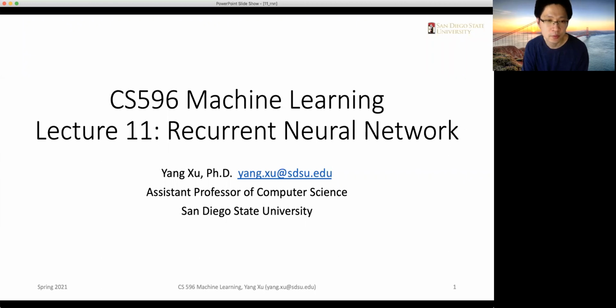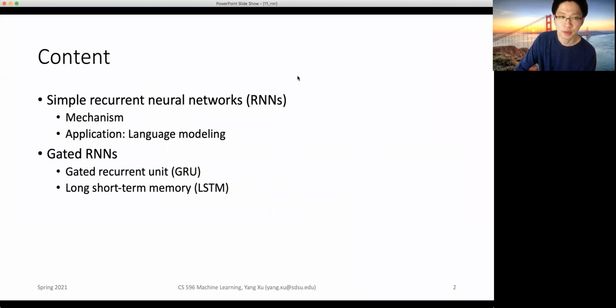Okay. So before that, we will start this new topic on recurrent neural networks. This new type of model that we're going to look into is suitable for a pretty different task compared to the image classification task that we are familiar with so far. In this chapter, the neural network models are particularly useful for modeling sequential inputs or sequential data.